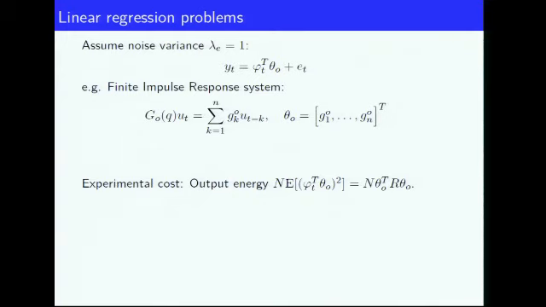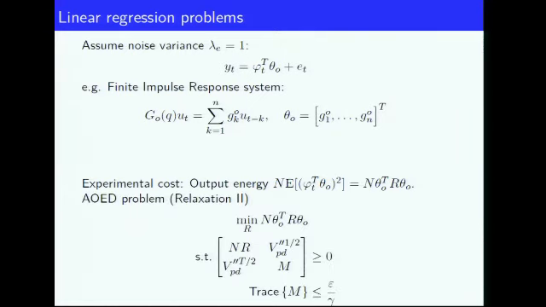And we will, as before, use the output energy as experimental cost. And in this case, we can write it in this form, where R now is the information matrix. It's then the expected value of phi times phi transpose, as you all know.